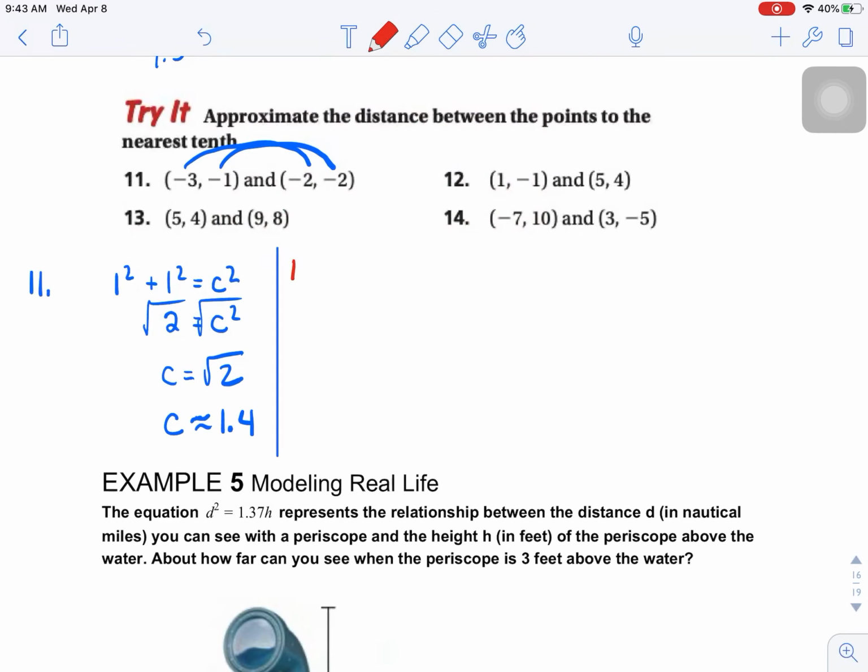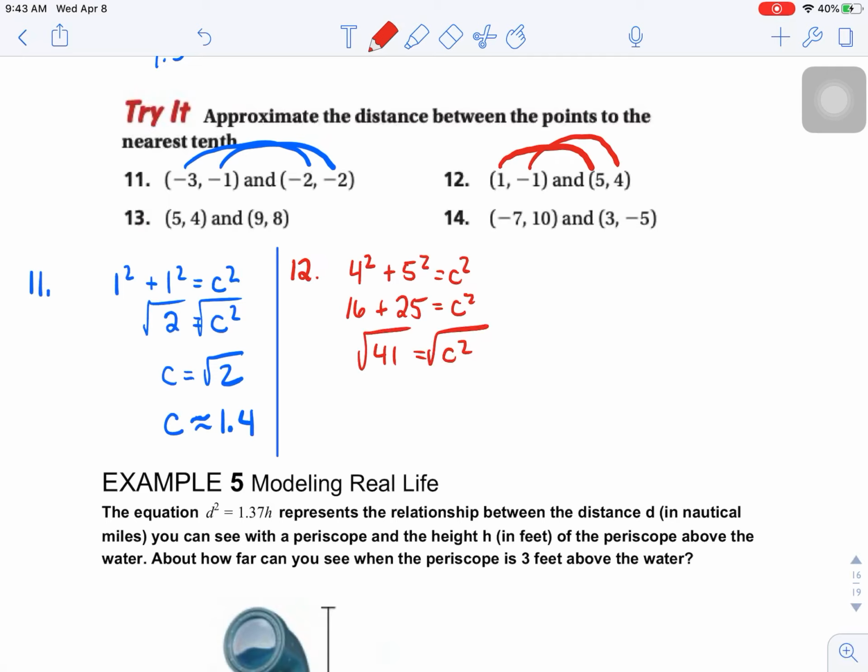Same idea here for 12. The distance between 1 and 5 is 4. The distance between -1 and 4 is 5. So 16 plus 25 would give me 41.